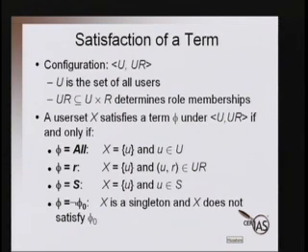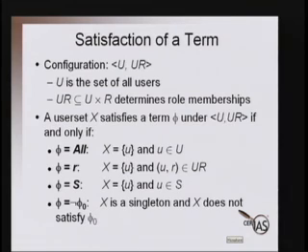Given a configuration, if the term phi is all, then a set of users X satisfies the term if X contains exactly one user. When phi equals a role, a set of users satisfies the term if the set contains exactly one user who is a member of the role. When phi equals a set of users, then X satisfies the term if X contains exactly one user that is also in the set.